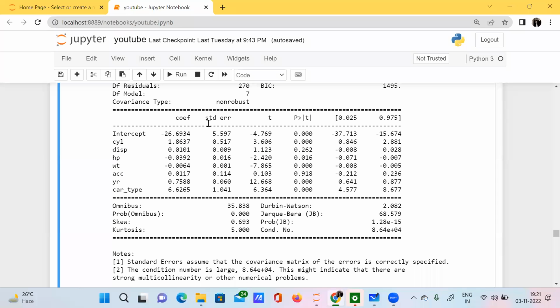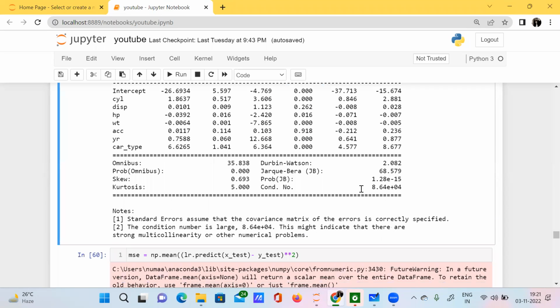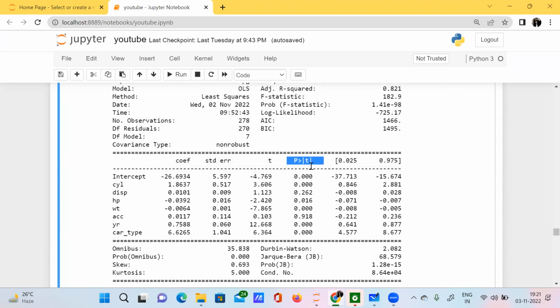So this is the standard error, which is nothing but the standard deviation itself, and these are our significant coefficients. And this is the t value, pretty much similar to the z score, right? And this is the p value. So I hope you have got some better clarity regarding this OLS regression results, and how to study these results.